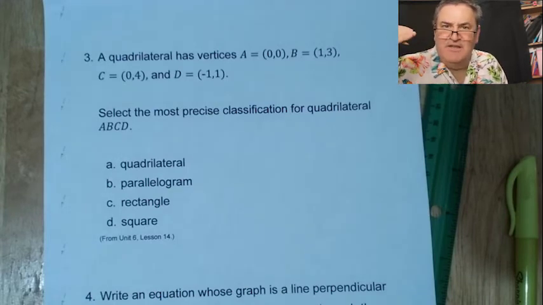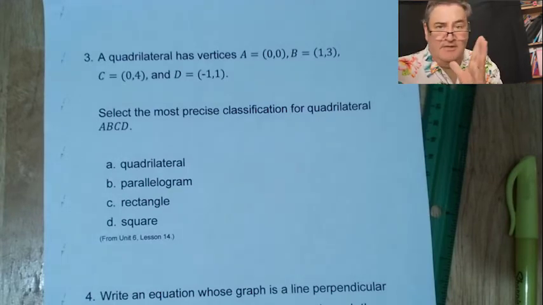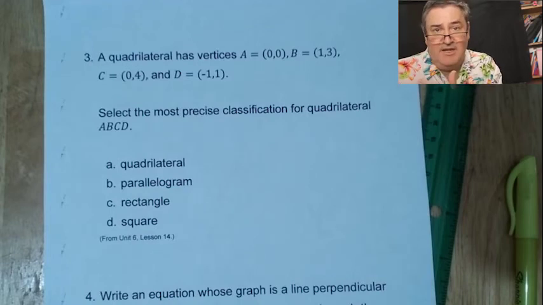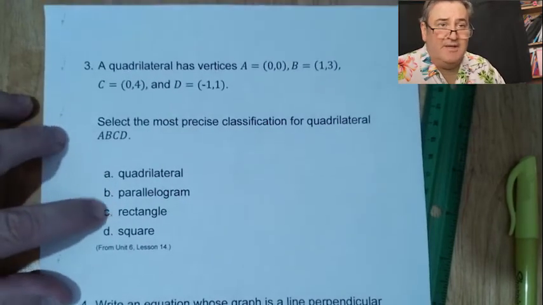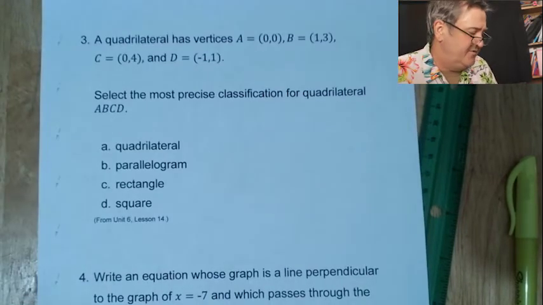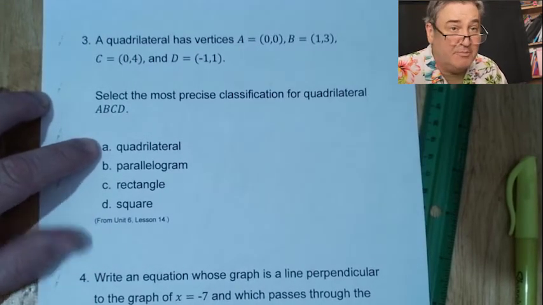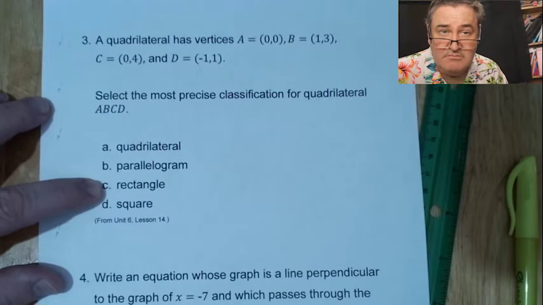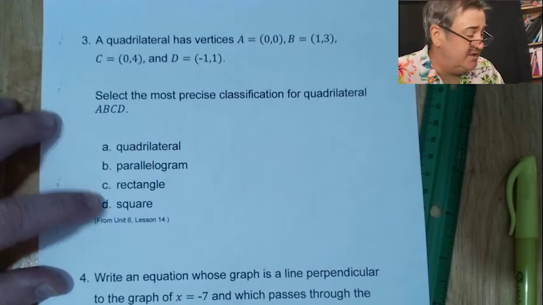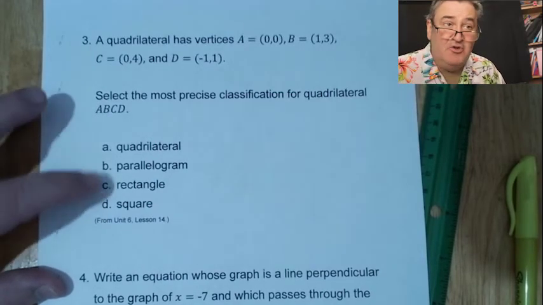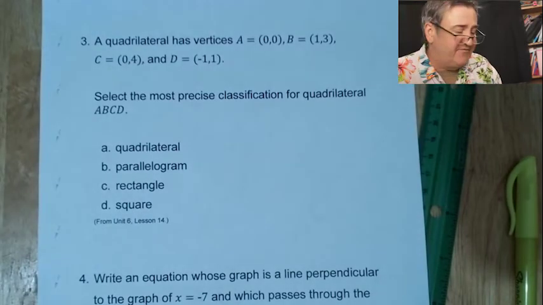So first you're checking to see if they're parallel, then you're checking to see are they 90-degree angles, then you're checking to see are they all the same length, because that will move you down to where you're choosing a different answer. And saying it's a quadrilateral won't get you the points if it's a rectangle. And a rectangle won't get you the points if it turns out it's actually a square. You have to give the most precise classification.